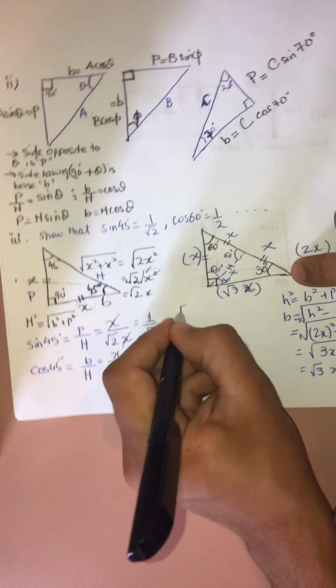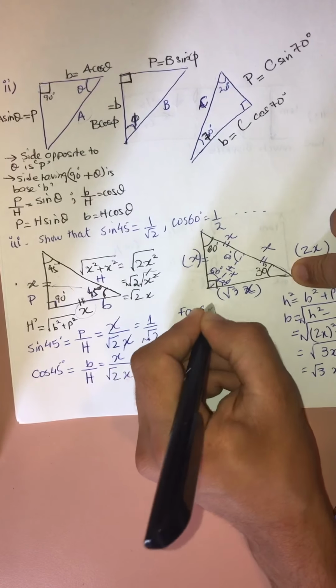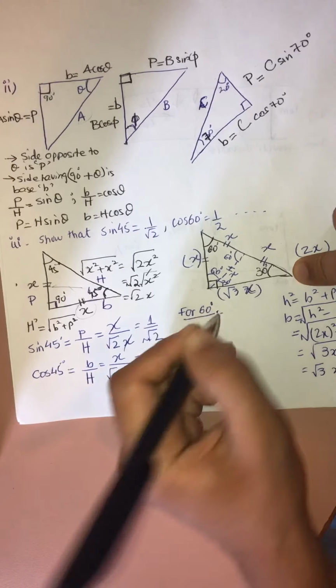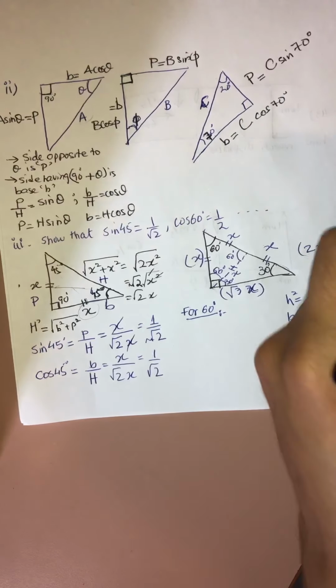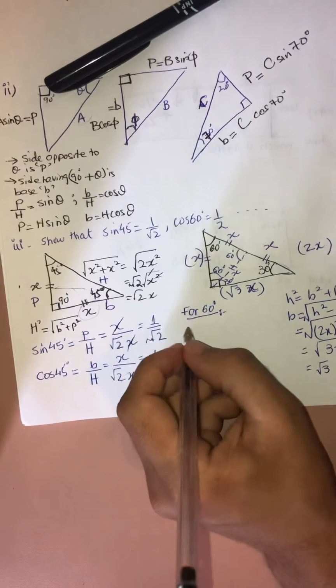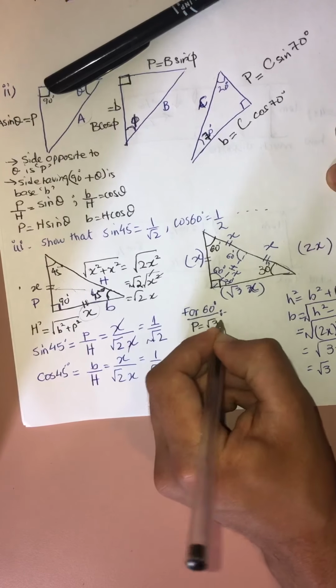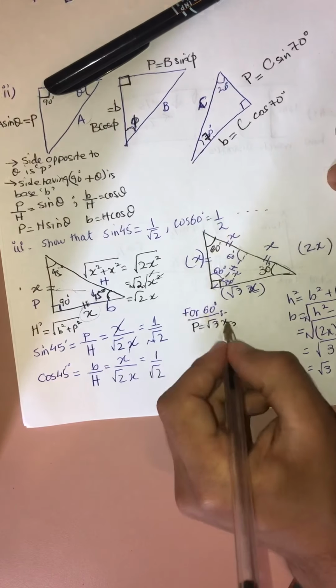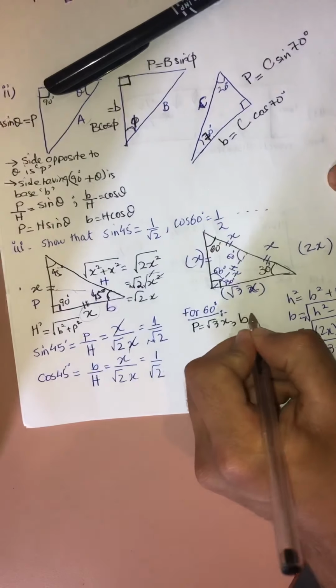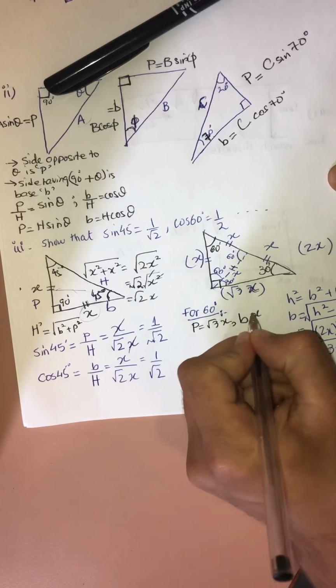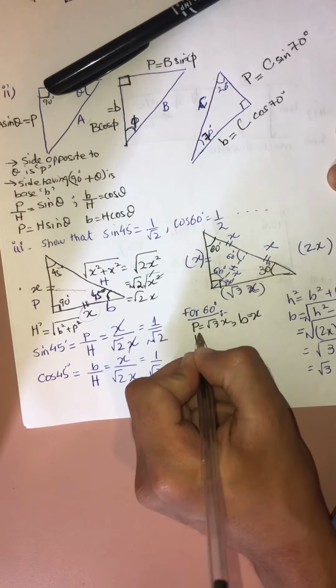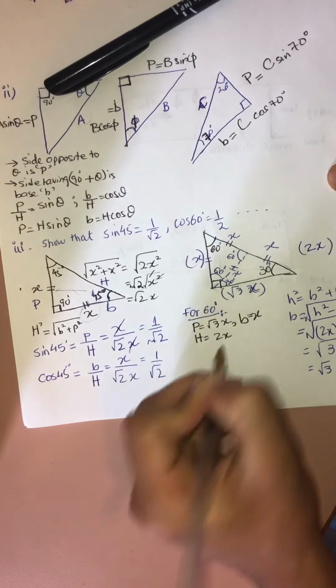So for 60 degrees, our perpendicular is under root 3x, our base is x, our hypotenuse is 2x.